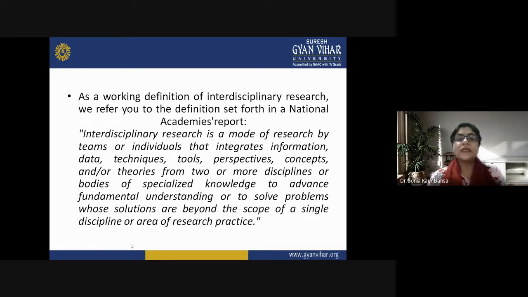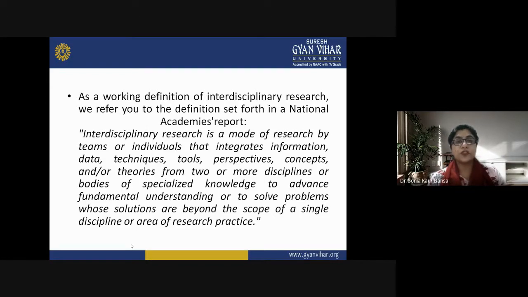First of all, it is a mode of research done by teams or individuals. Second thing, it integrates information, data, techniques, tools, perspectives, concepts, theories from two or more disciplines. It is to advance fundamental understanding or to solve problems whose solutions are beyond the scope of a single discipline.